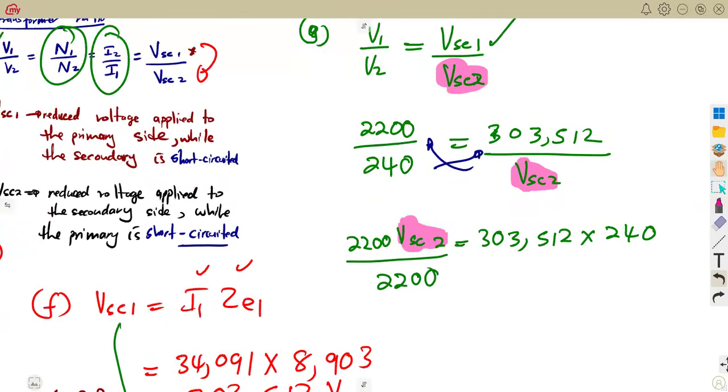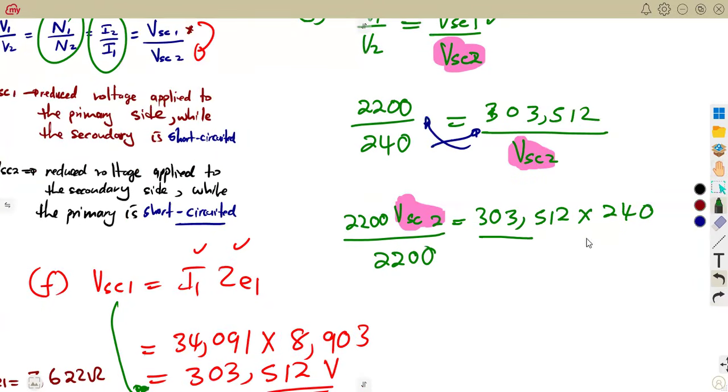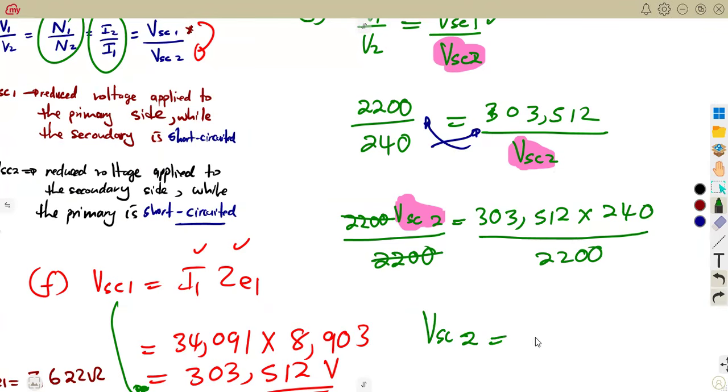So meaning to say we have to divide by 2,200 both sides of our equation, just like that. This is going to cancel our V short circuit of the secondary side. From this, our answer is 33.104 volts, something like that, which is simply 33.11 volts as of the secondary side.